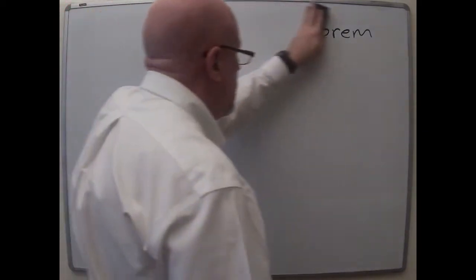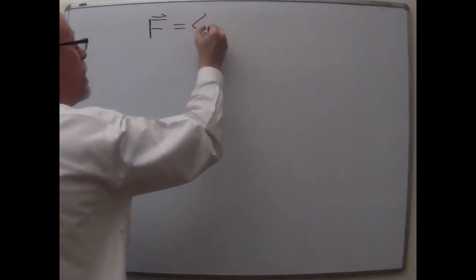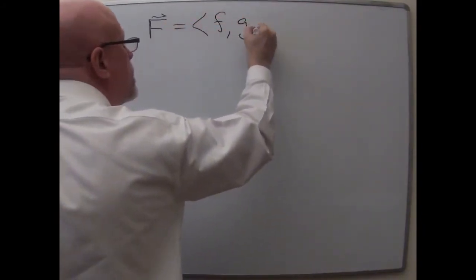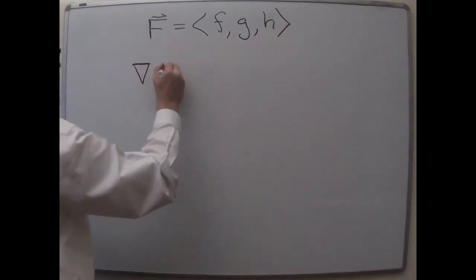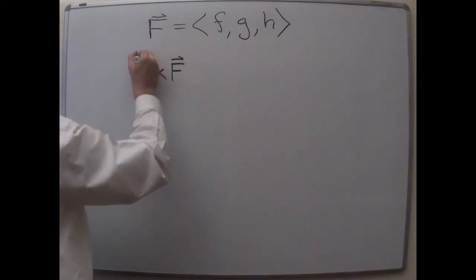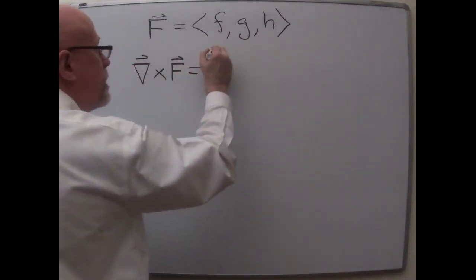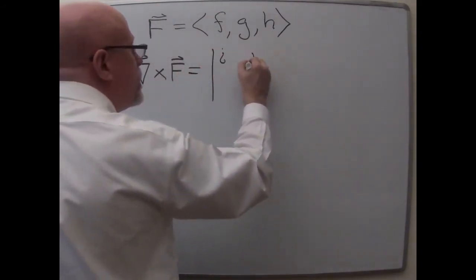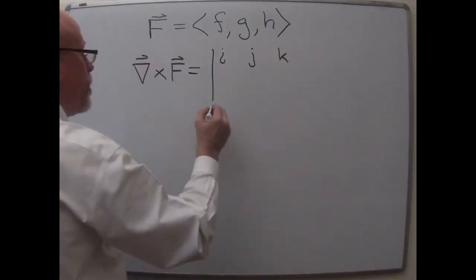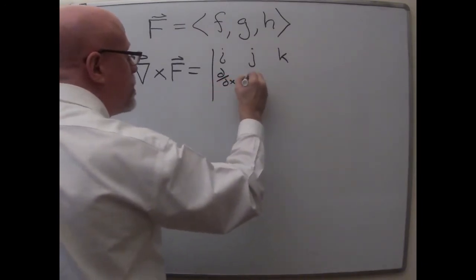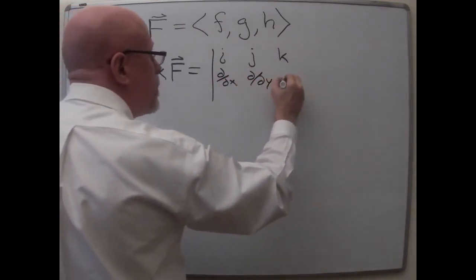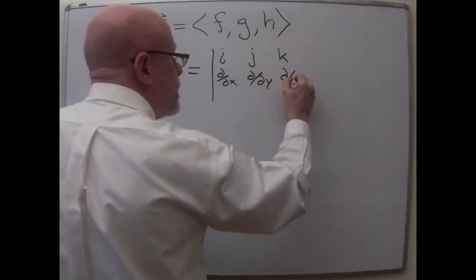So if F is equal to <f, g, h>, then del crossed with F, that's the curl of the vector field, is, well, you just do the usual cross product computation with partial x, partial y, and partial z in the second row.